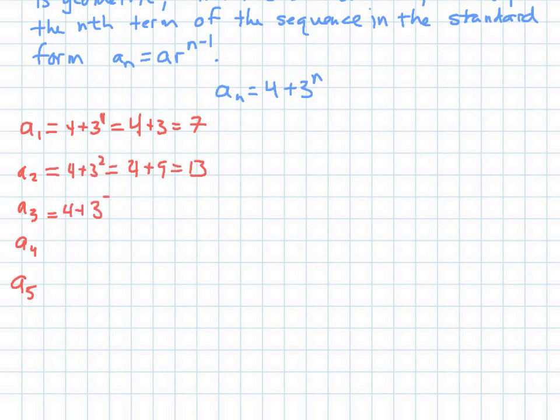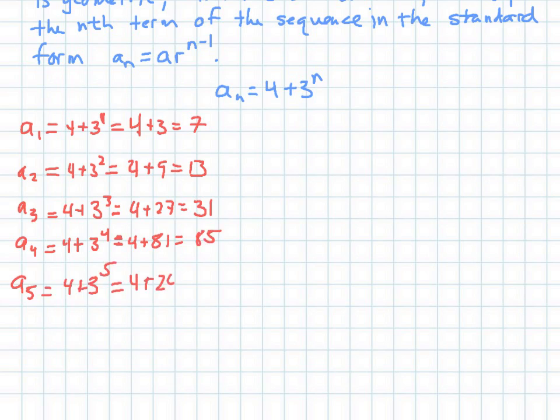Then 4 plus 3 cubed, which is 31. Then 4 plus 3 to the fourth, which is 85. And then 4 plus 3 to the fifth, which is 247.